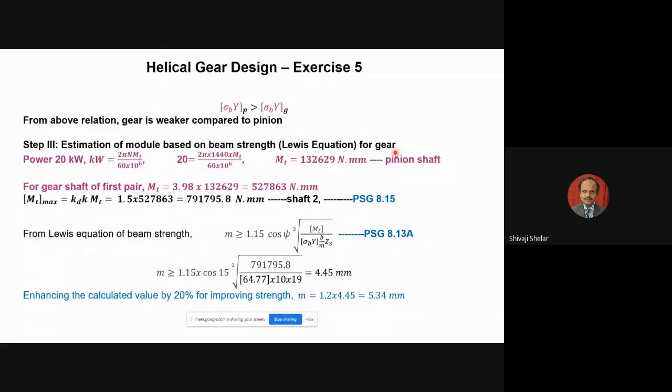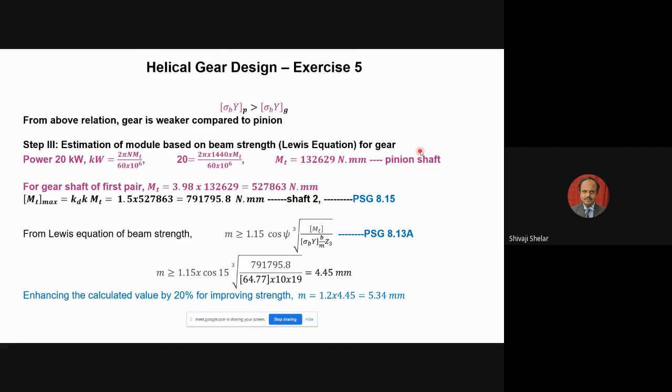So let's calculate the rated torque. To calculate rated torque, this formula is available. Now this is the input torque MT based on the input speed of 1440 RPM, 20 kilowatt. So the input pinion shaft torque is this much, 132,629 Newton millimeter.